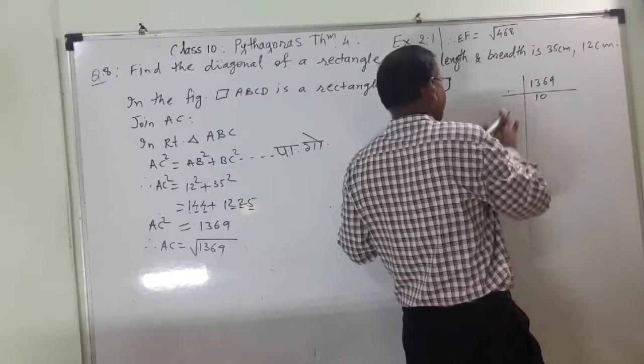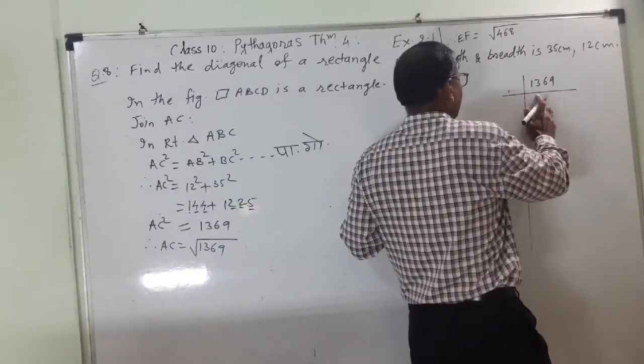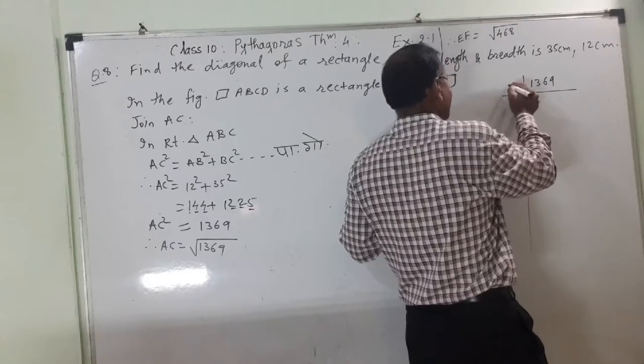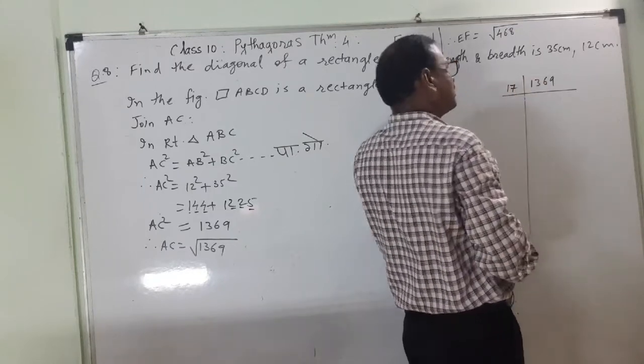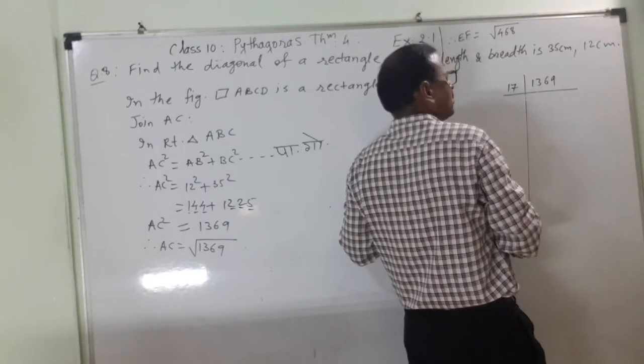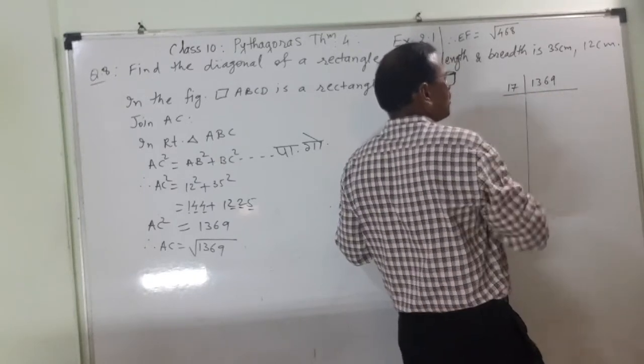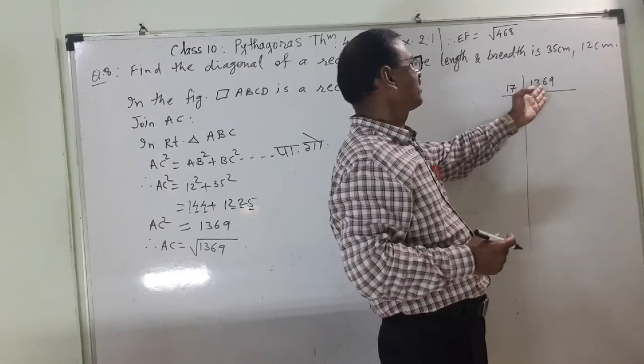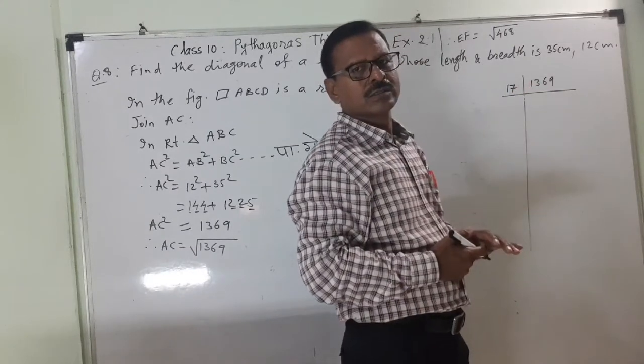So no. Then by 17. So this way you will go on. It is not divisible by 17 either, because the square of 17 is not this.